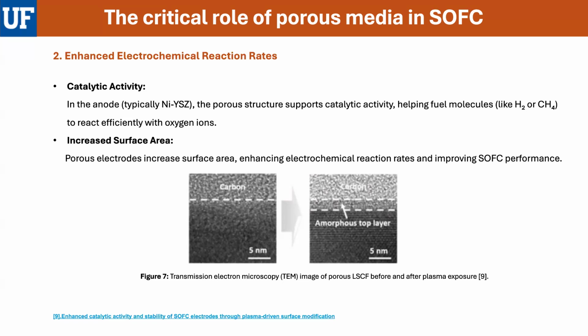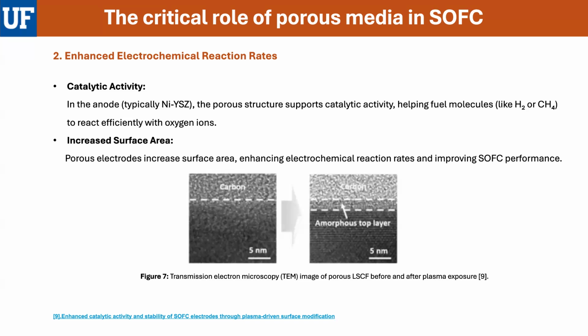These porous materials provide a large interface for gas diffusion and electrochemical reaction, particularly at TPBs, that is triple phase boundaries, where the fuel, electrode, and electrolyte meet each other. For example, in the figure, a composite of LSCF with pores increased oxygen vacancy ions, accelerating the oxygen reduction reaction, that is called ORR, by providing more active catalytic sites.